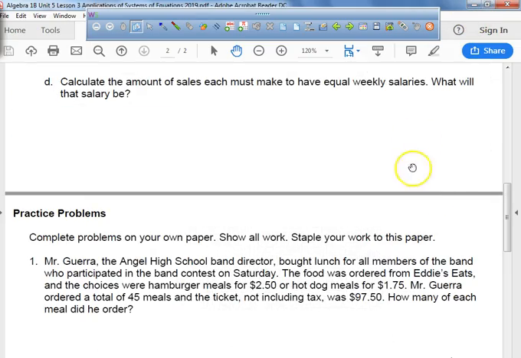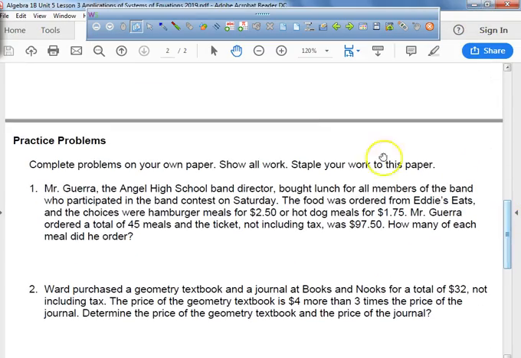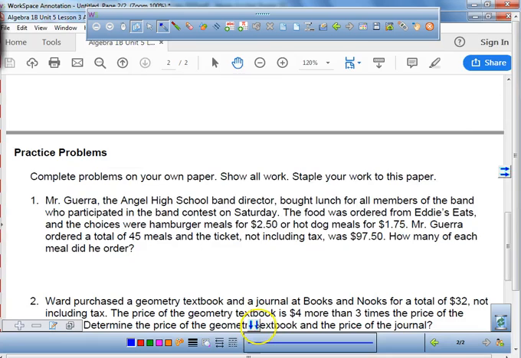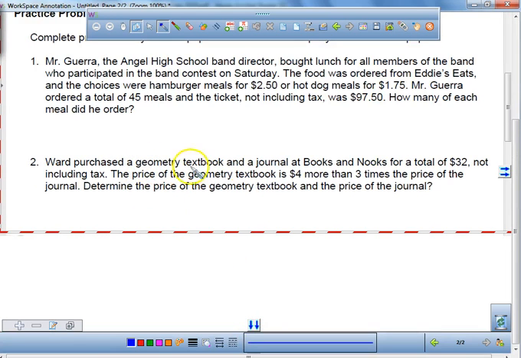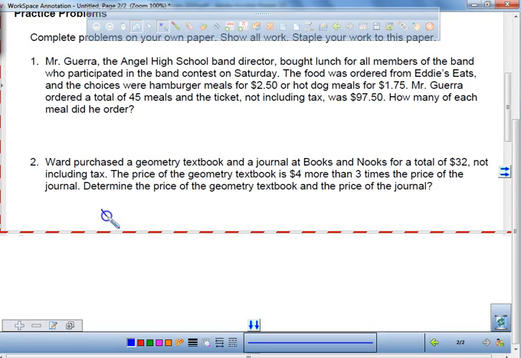Alright, go back down here. This one's a little bit tricky. Right now, we have a geometry textbook and a journal. I'm going to put x will equal my geometry textbook, and y will equal the journal. So I'm going to do everything in terms of x and y.